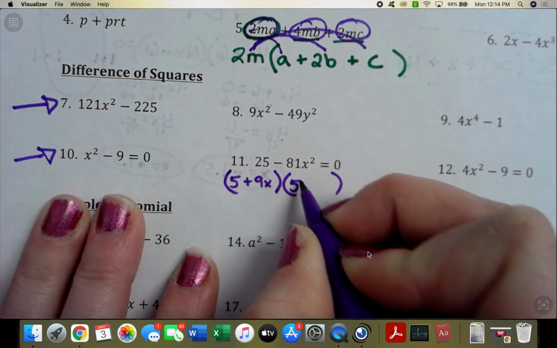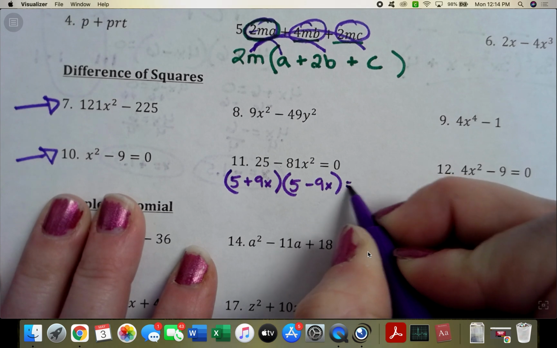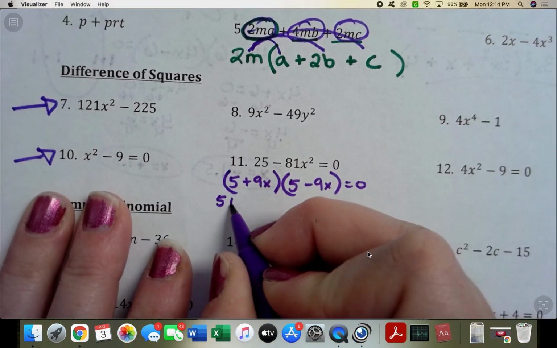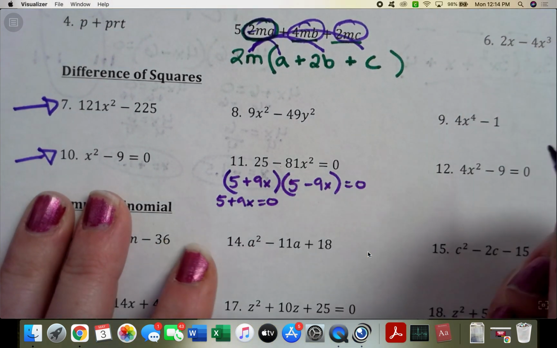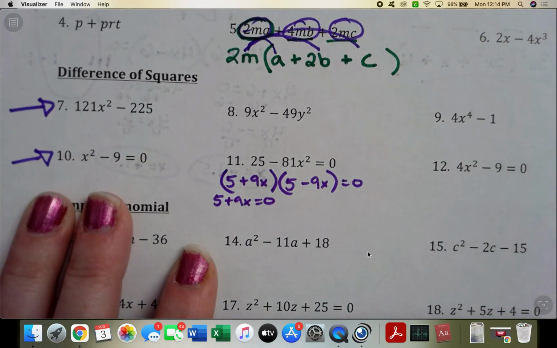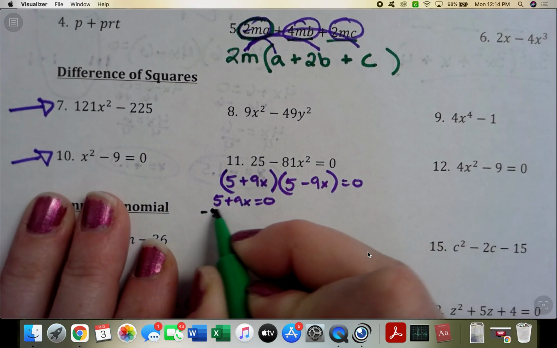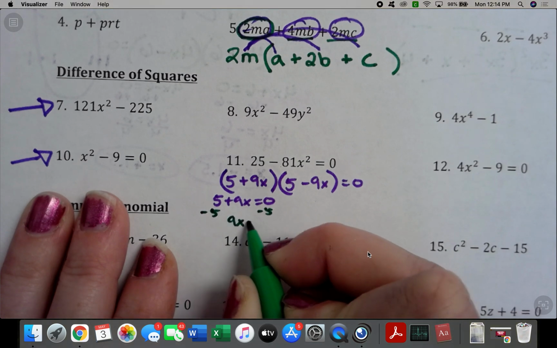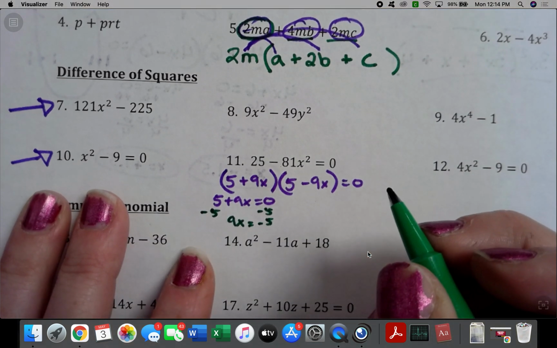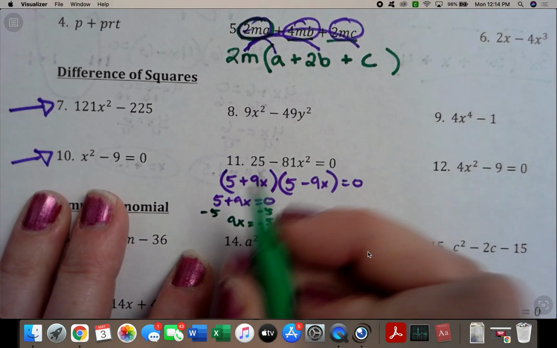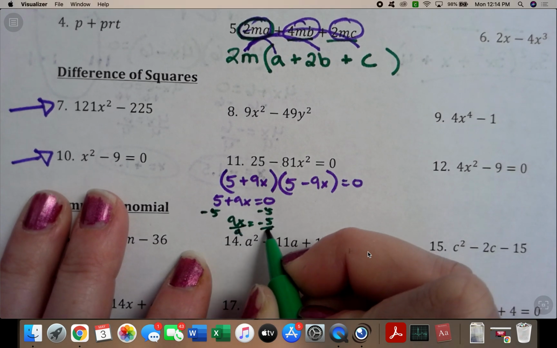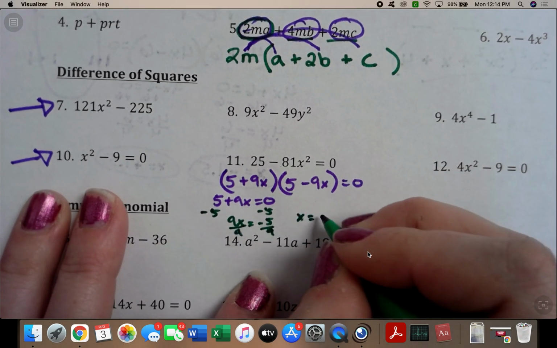Okay, equals 0. So 5 plus 9x equals 0. What are you going to move first? That 5. Minus 5, minus 5. So 9x equals negative 5. And then divide by 9. X equals negative 5 over 9, because it doesn't come out nicely, so we're just going to leave it.